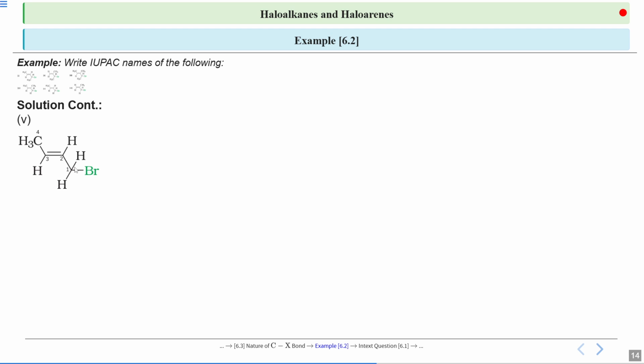The similar rule will be followed because only the methyl group changed. So the maximum number of carbons in the parent chain will be 4, and numbering will start from the bromine carbon, because in this way the double bond and the carbon attached to bromine both get the lowest numbers possible, right? So 1, 2, 3, 4. The IUPAC name of this compound is 1-bromo, but 4 carbons, 2-ene. At the second position we have the ene. So 1-bromobut-2-ene.